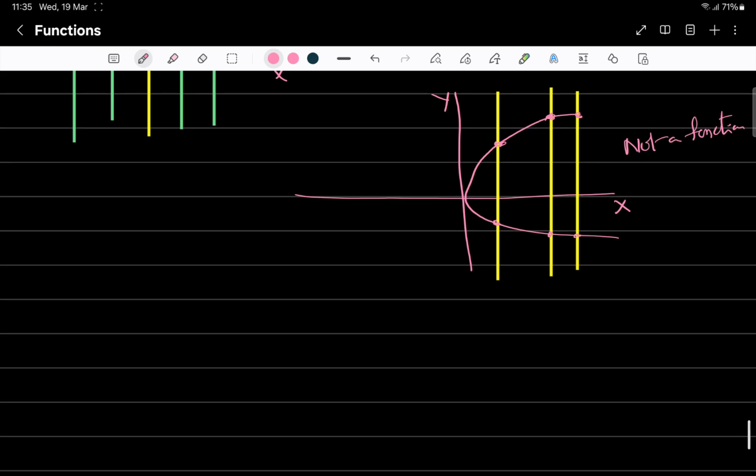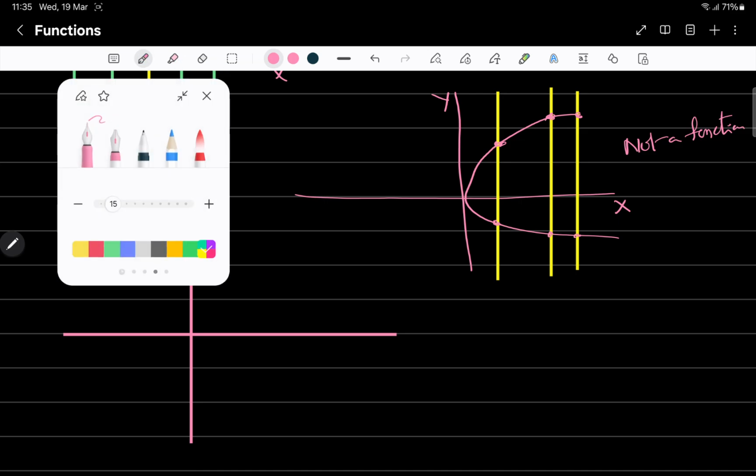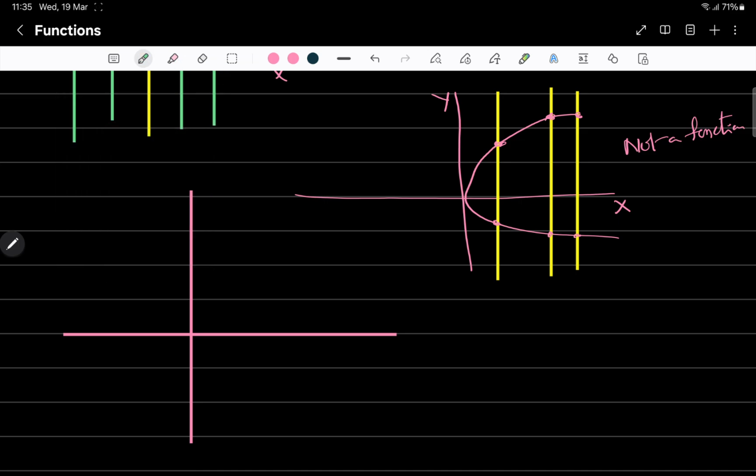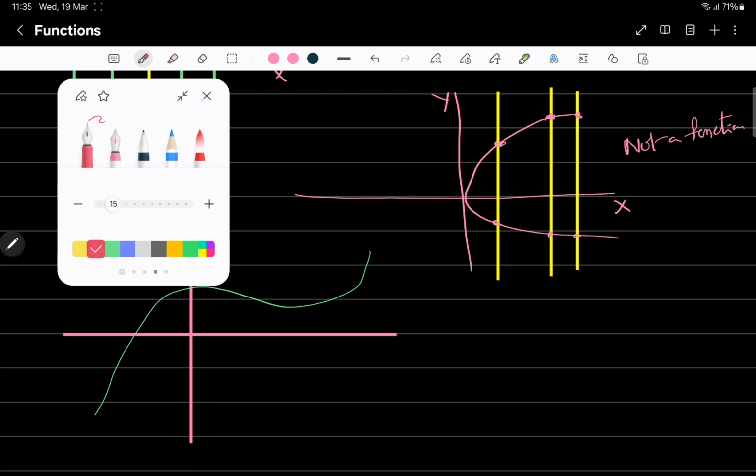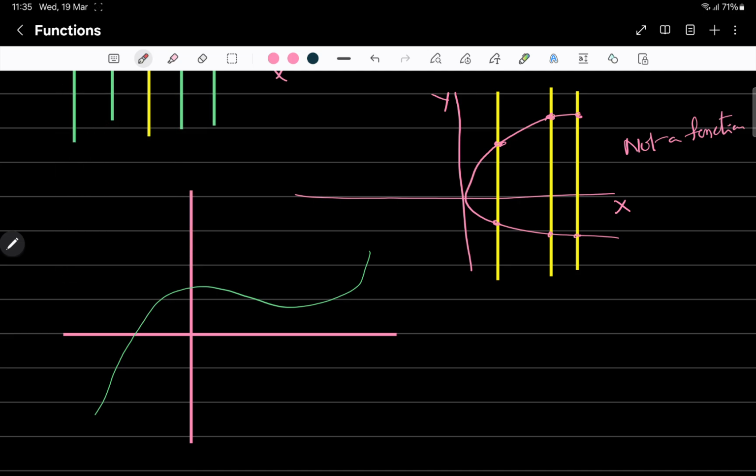See one more example. Suppose the graph is like this. I change the color. The graph is, for example, like this. This is my graph. Okay. Now use vertical line test to check the graph is a function or not a function. See here, I will draw vertical line.